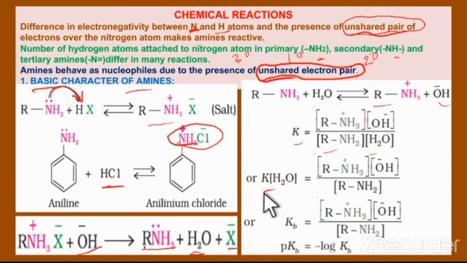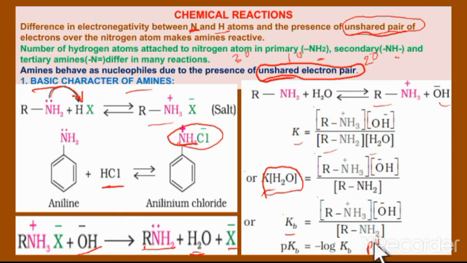Taking the product of the equilibrium constant and the concentration of water as Kb, we can write Kb equals the concentration of alkyl ammonium ion multiplied by the concentration of hydroxide ion upon the concentration of alkylamine.